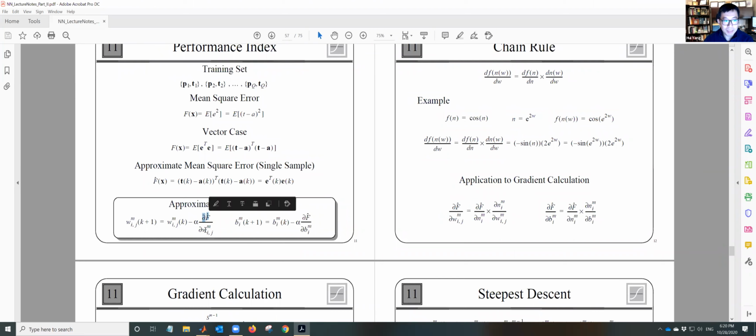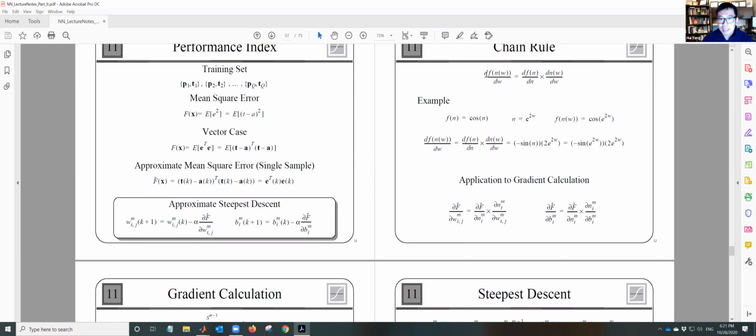You take F with respect to each W, then you just use minus alpha times the gradient direction, with respect to B as well. You just take the derivatives with respect to each parameter, and then you use gradient descent. But the problem is, I know my previous parameters I can randomly initialize, but I don't know the gradient. How do we calculate the gradient?